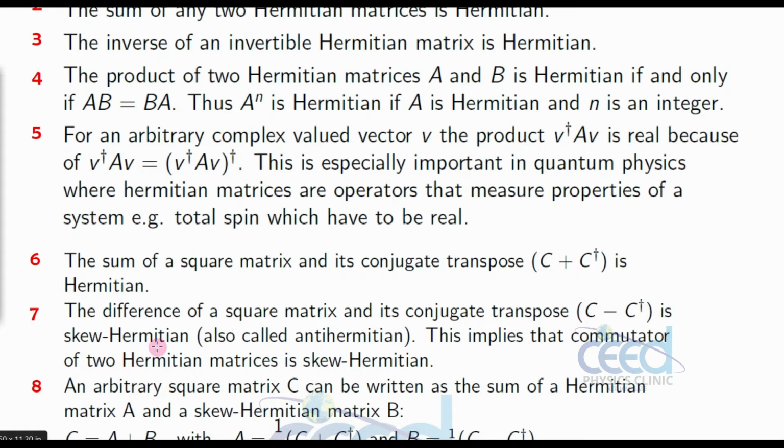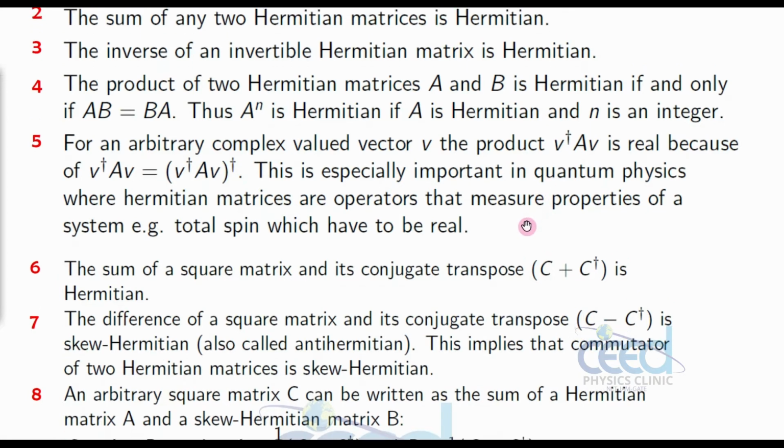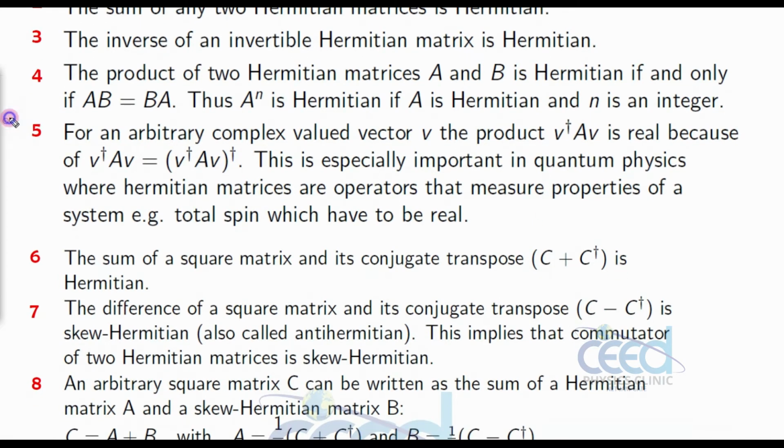What is skew Hermitian? If A dagger is equal to A, then it is Hermitian. If A dagger is equal to minus A, then it is skew Hermitian.